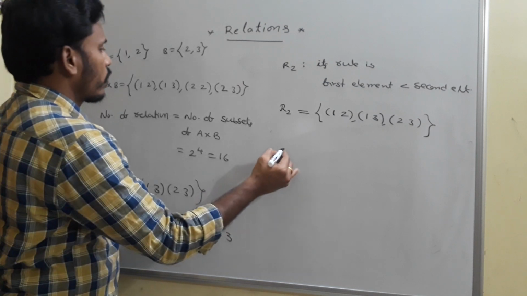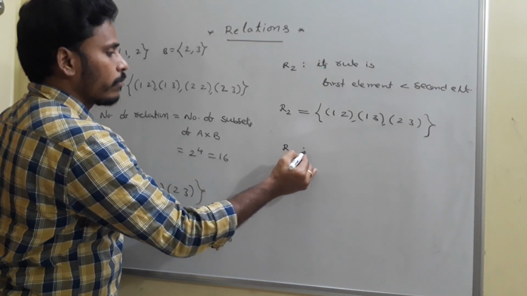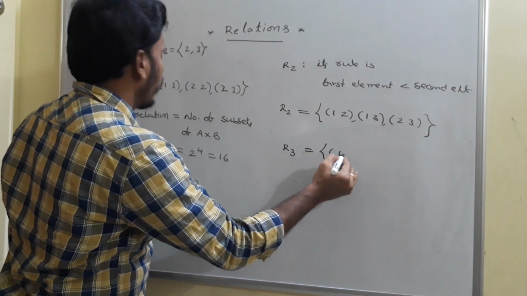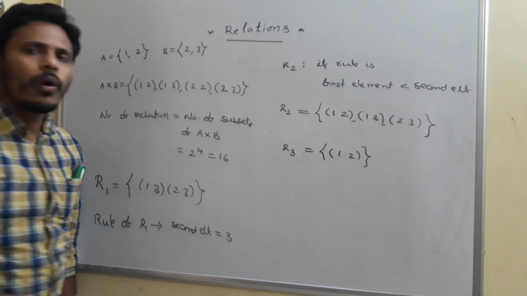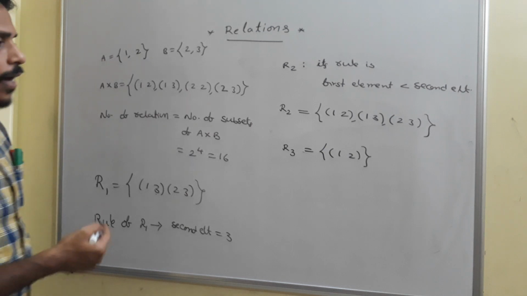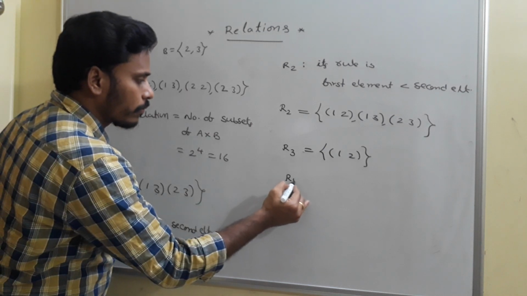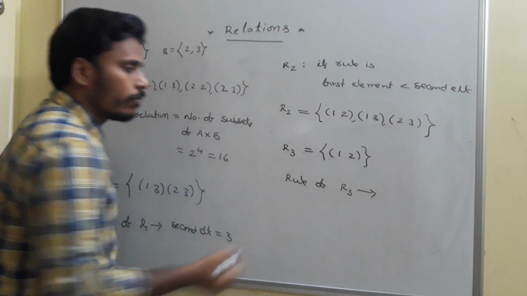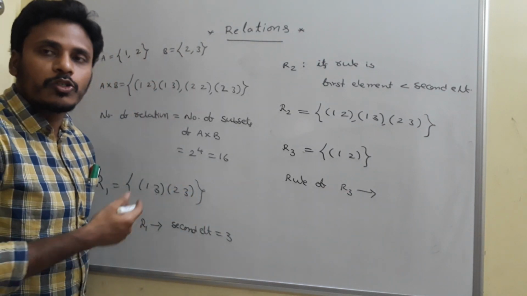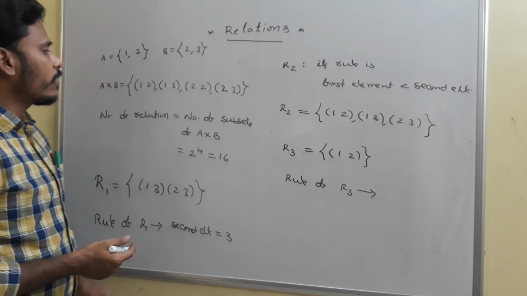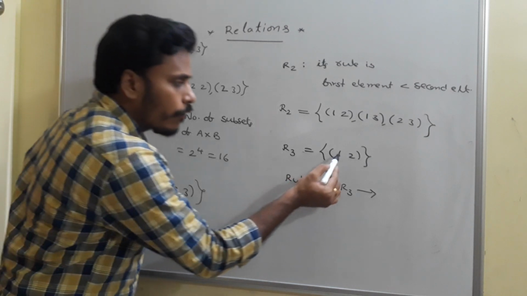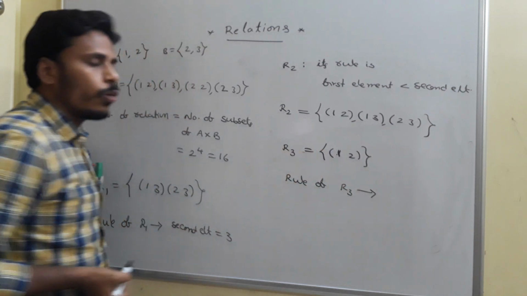Suppose I take R3, a singleton set containing (1, 2). What is the rule of R3? There are many possibilities to define the rule. The first element is 1, and if you multiply this 1 by 2, you get the second element.